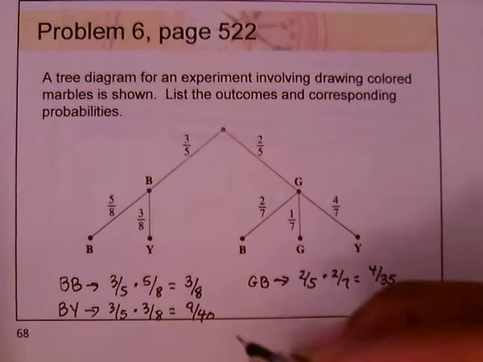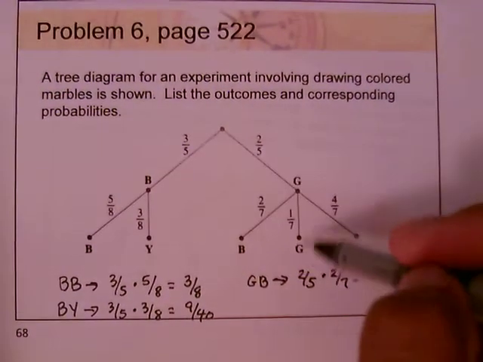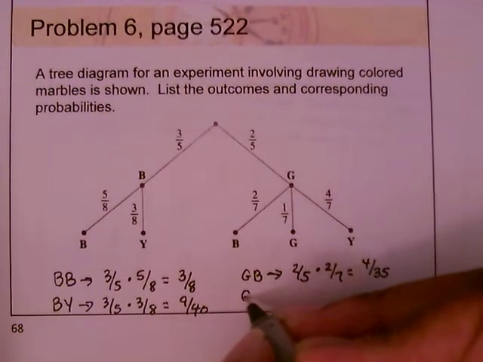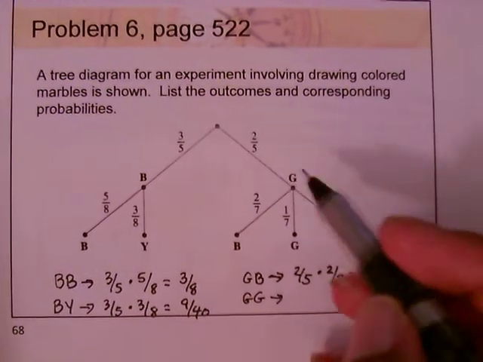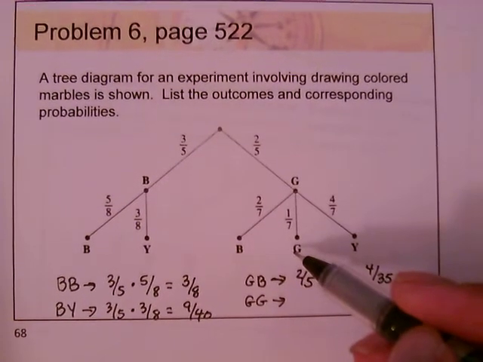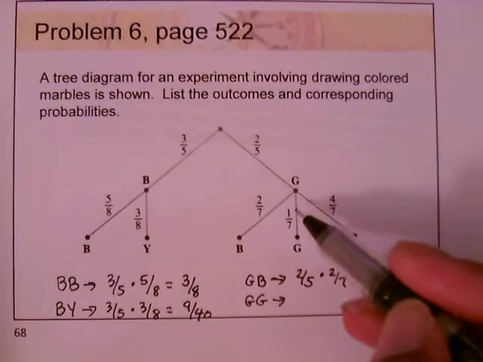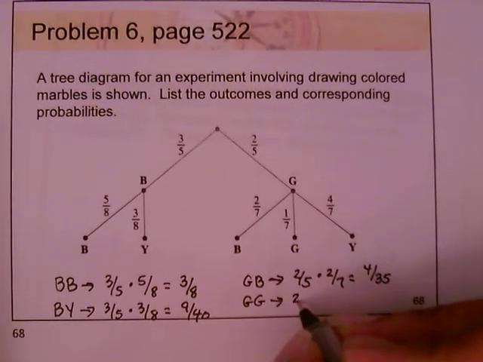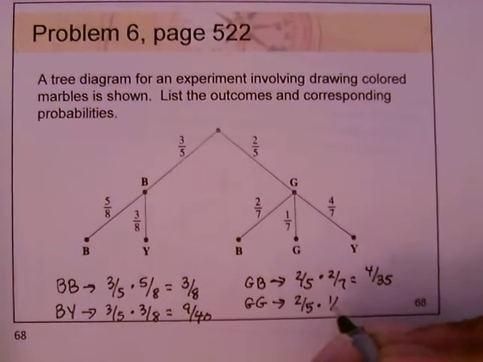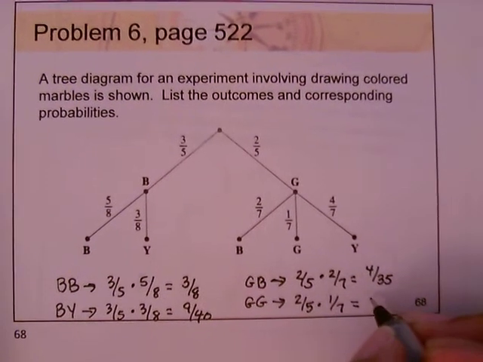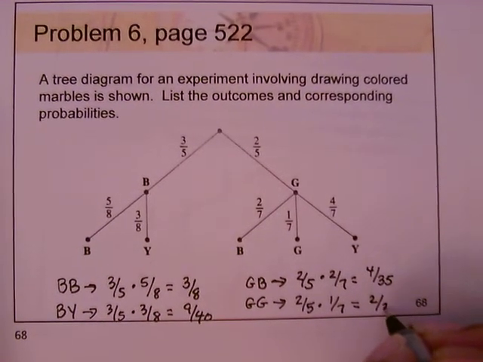And then the next branch would be from G to G. So we just multiply along those particular branches here. 2/5 times 1/7. That'd be 2/35.